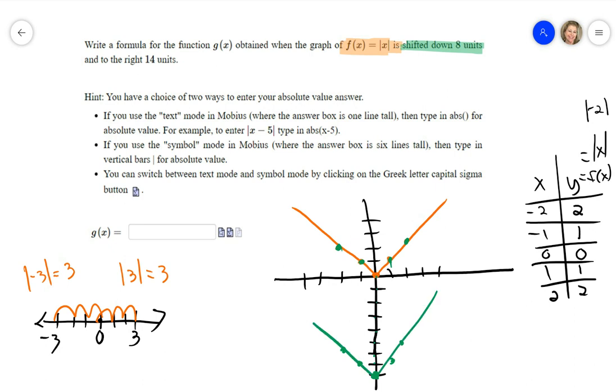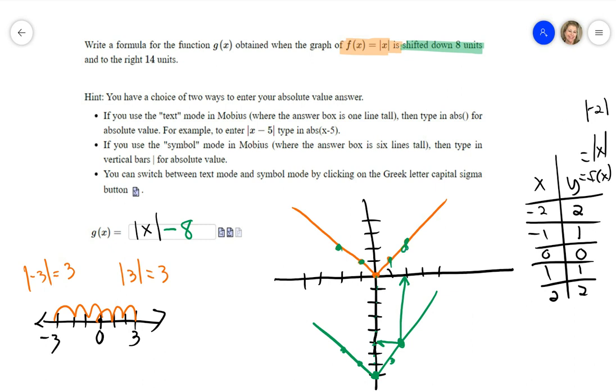All right. When that happens, and they've already got the g of x here, that means you still have the absolute value of x, but you have subtracted 8 from every single y value. So for example, this one right here, it's still below the -2, but now it's across from the 1, 2, 3, 4, 5. I didn't do that right.